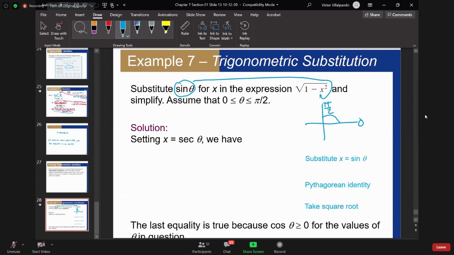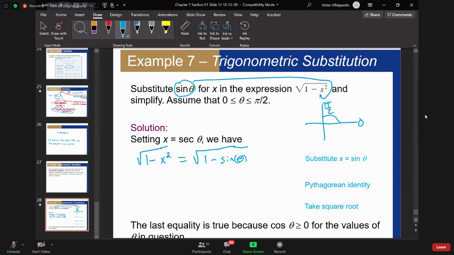So they said setting x to be sine theta, we get the following. We get the square root of 1 minus x squared, which is equal to, we substitute sine theta for x. It's just substituting sine theta. All right, now they say Pythagorean identity. So if we haven't caught on yet, let me do it again for you guys.